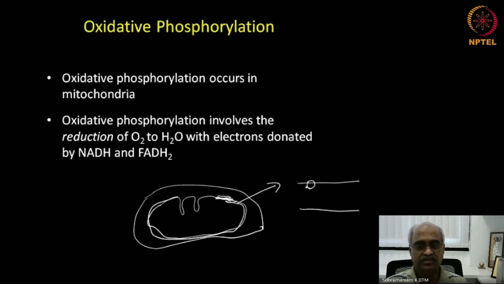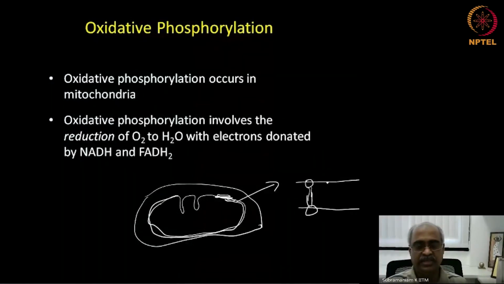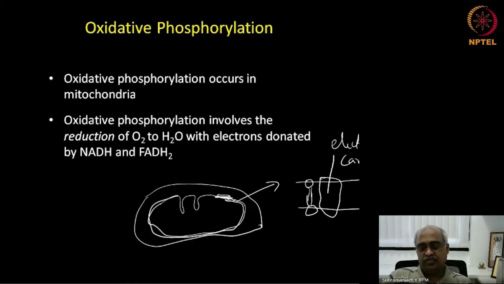this is there all through, and this is where these multi-protein complexes are located. These are the intermediate electron carriers. Their reduction potential is such that the electrons move from electron carriers of lower reduction potential to higher reduction potential.